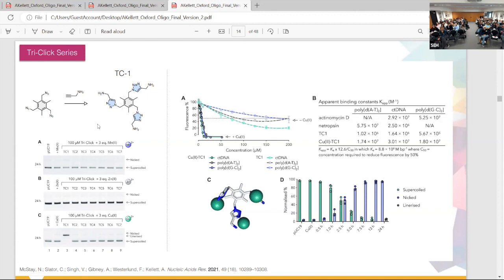So it turns out that from the series we've developed, TC1 to TC9, Tri-Clip 1, this molecule here in the presence of copper, shows DNA damaging properties. None of the others have it. And it turns out that in the presence of copper, its DNA binding potential is significantly enhanced. So it's a potent DNA binding agent in the presence of copper. And significantly, we see a large amount of DNA damage associated with this copper TC1.